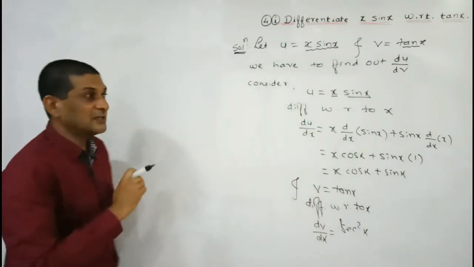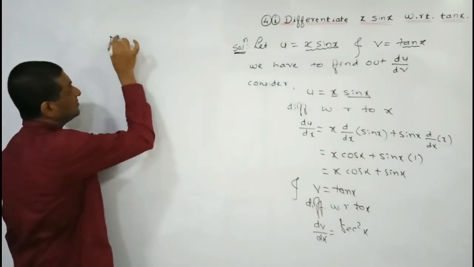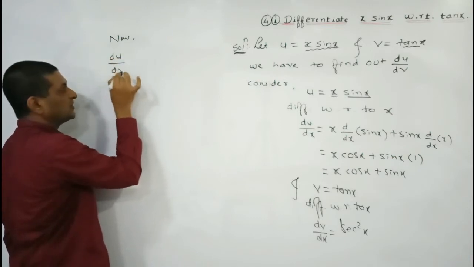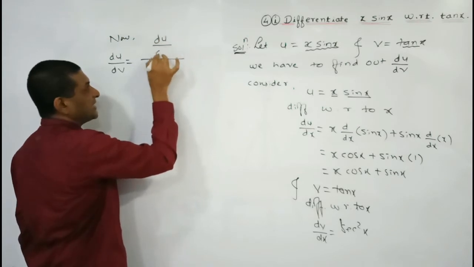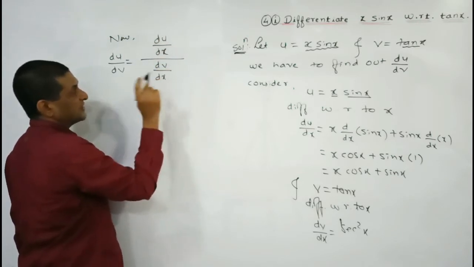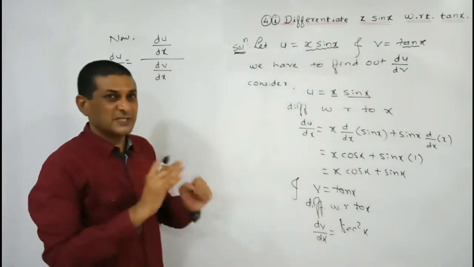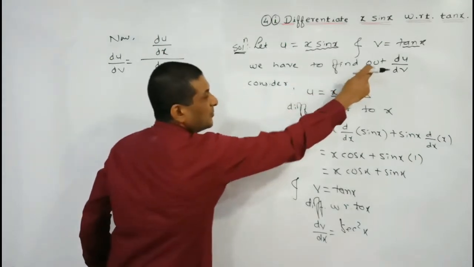Now we are making use of our formula to find our required value. So now let us find our required value, the derivative of u with respect to v. Here it can be written as du by dx divided by dv by dx, because the value of u is in terms of x and v is also in terms of x, means x is our parameter, and our required value is du upon dv.